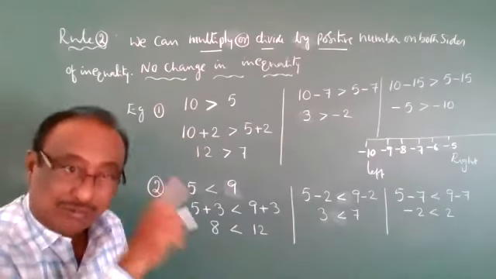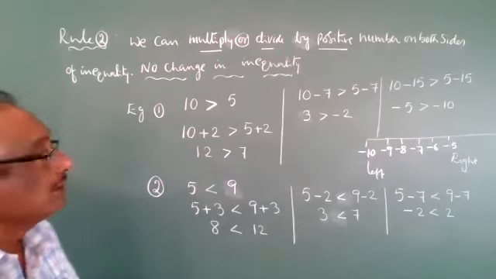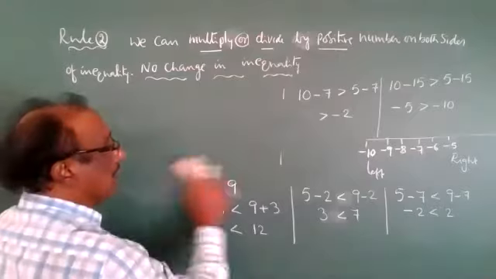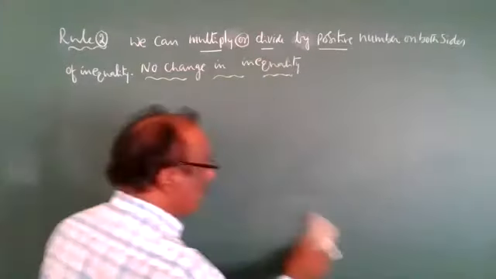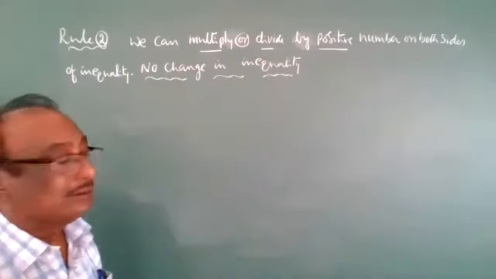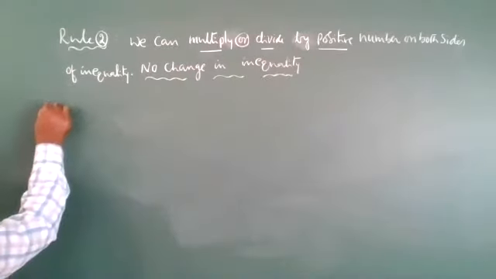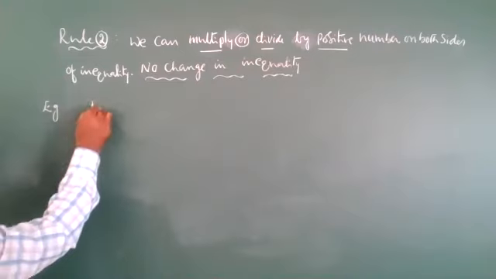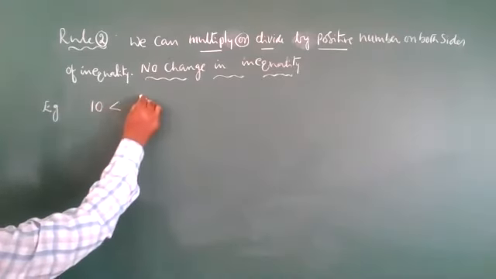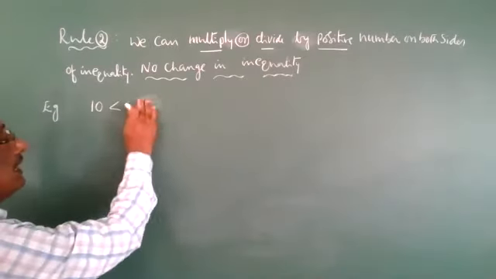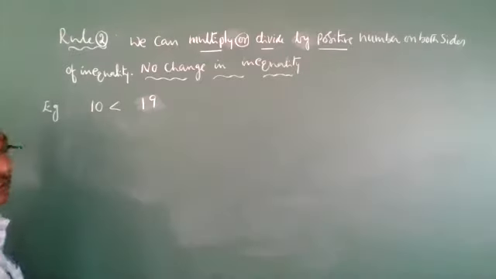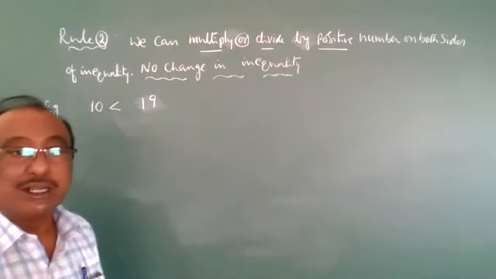Negative numbers, we can see in the next rule, number 3. So example number 1 we can take. 10 is less than 19. Is it correct?